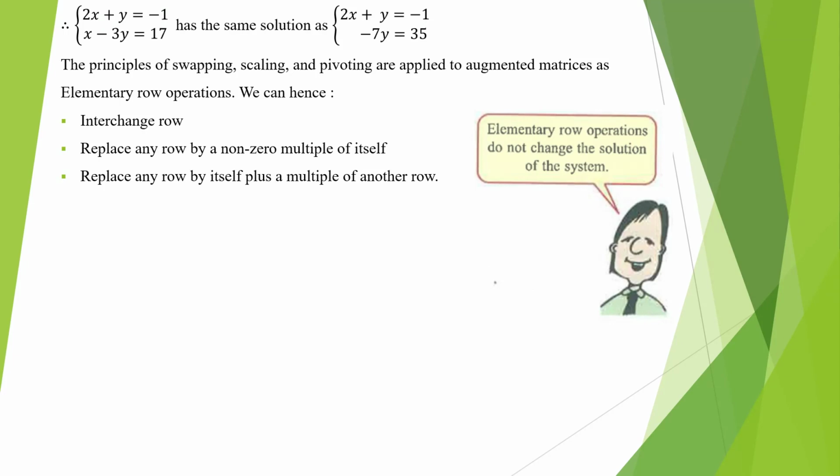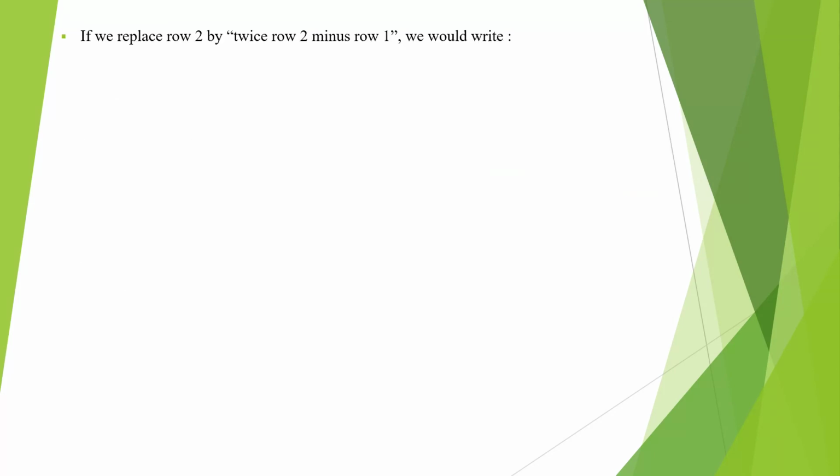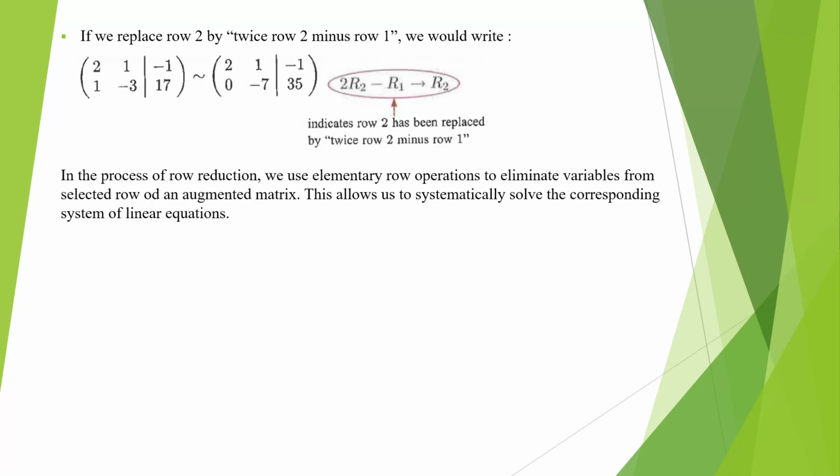So when we do elimination and the elementary row operations, we get the same solution of our system of equations. For example, when we convert from the system to the AM, we interchange the rows like I show on the screen, so we get our solution like when we solved by elimination.